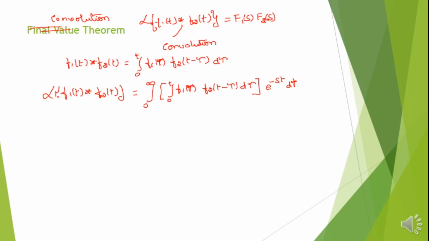Now in this, f2 of t minus tau, which is in the interval 0 to t, can be written as integration from 0 to infinity of f2 of t minus tau u of t minus tau d tau.